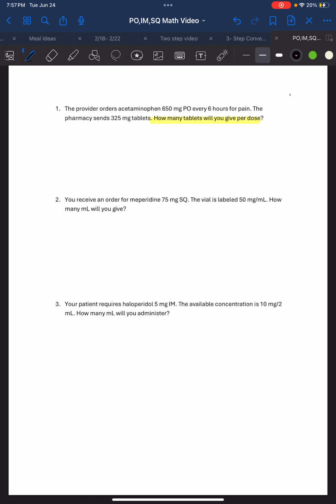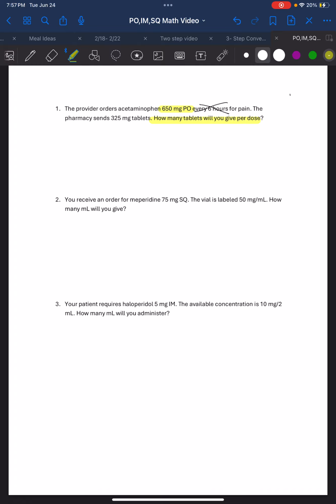The 6 hours don't really matter because I just need to know what I'm giving per dose, not how often or how many times per day. Just strictly per dose. And we know that each dose is 650 milligrams, so we need to give our patient 650 milligrams.